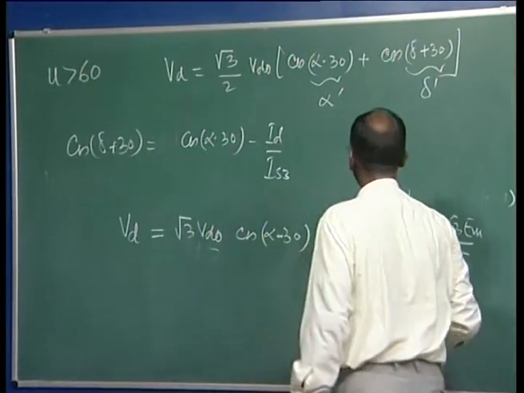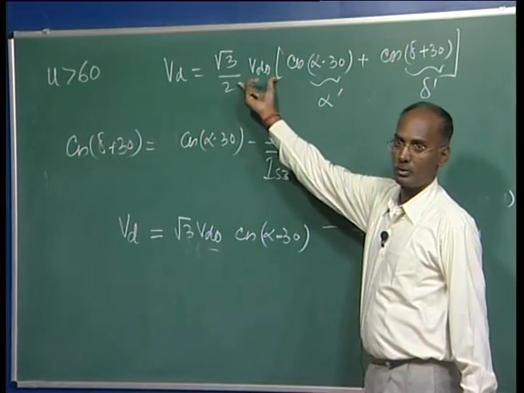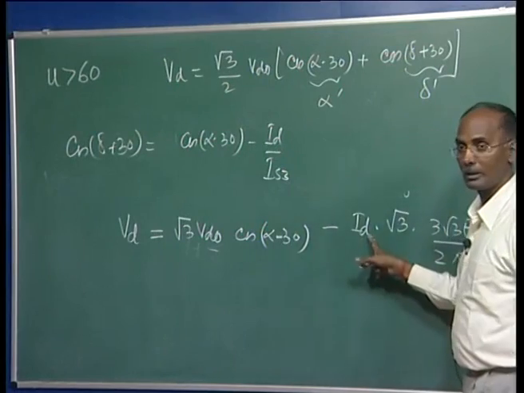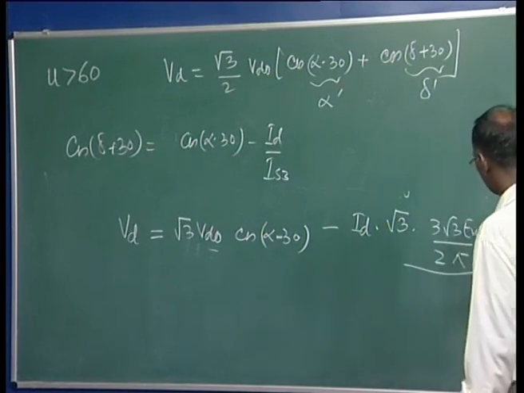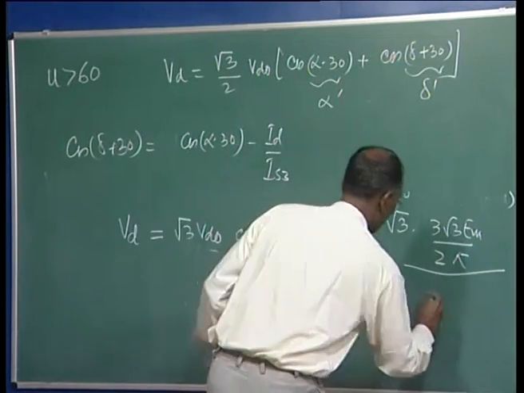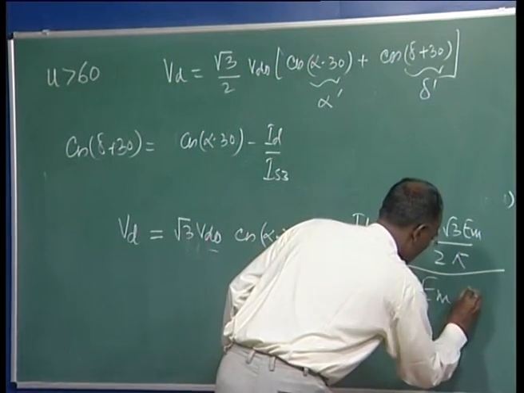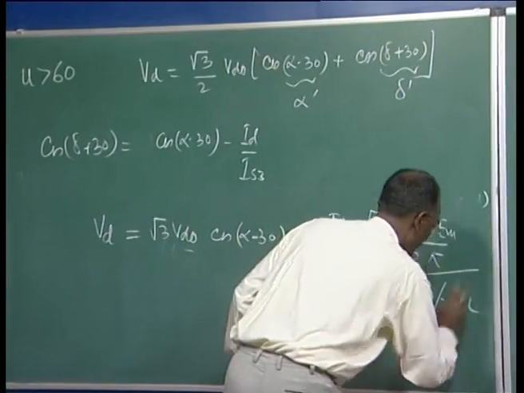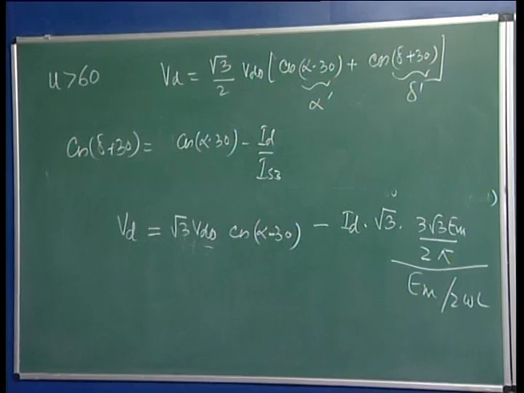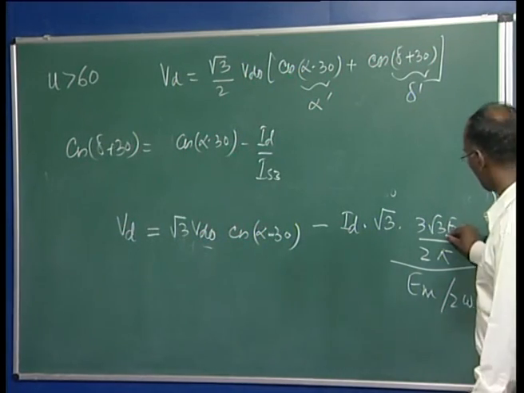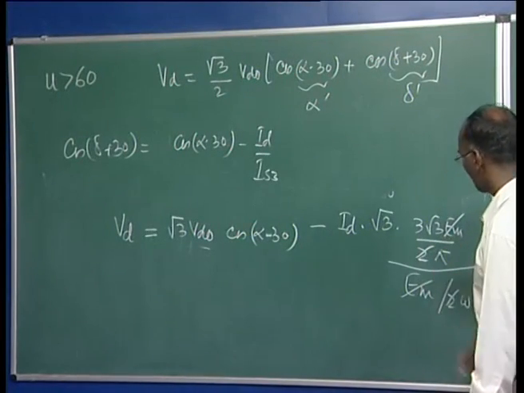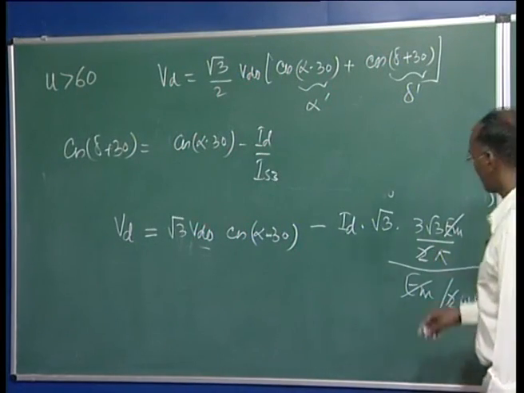I am putting 2. This is your VDO, divided by IS3 here, because ID I already have written here. This is nothing but EM by twice omega L. Now you can see this EM is cancelled, this 2 is cancelled here.